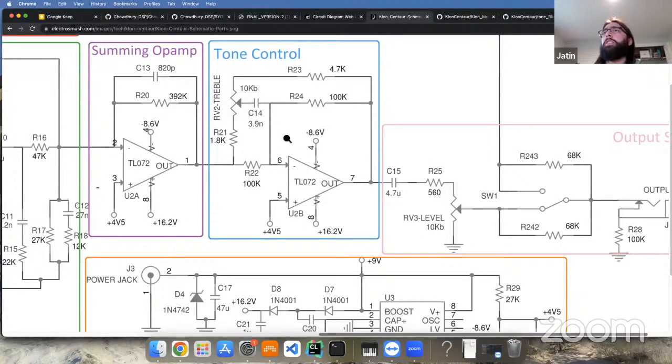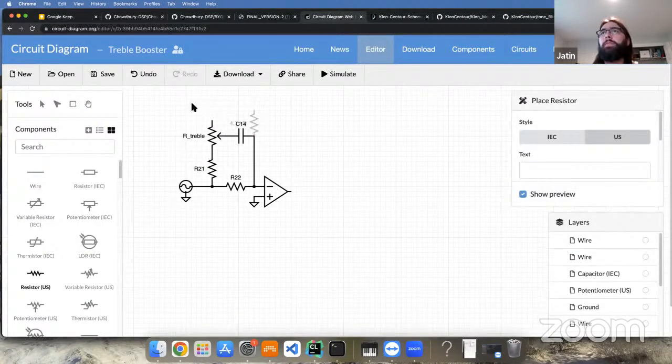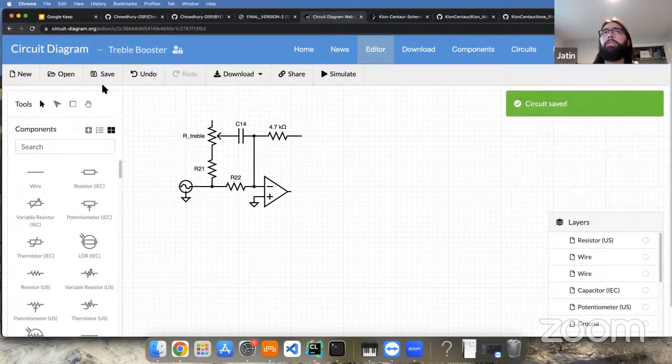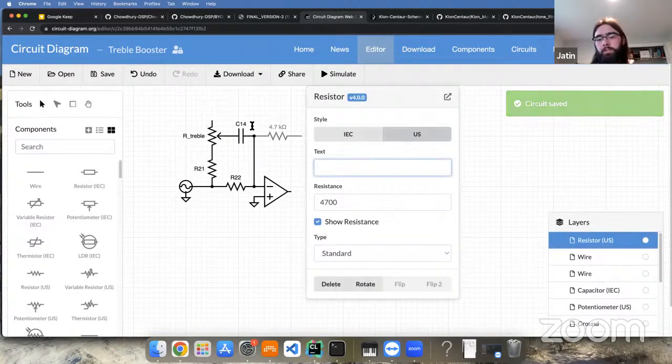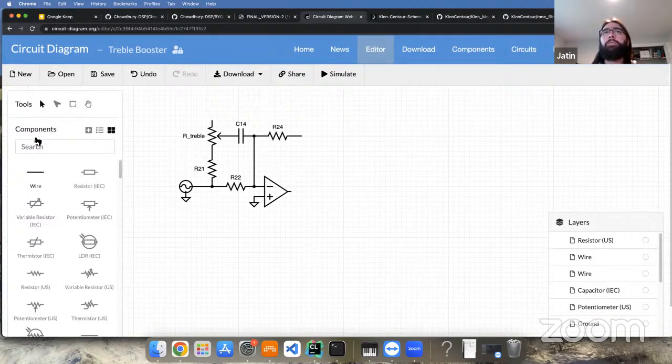All right, and then we've got our 100K R24 coming around. And then we've got another resistor above that.